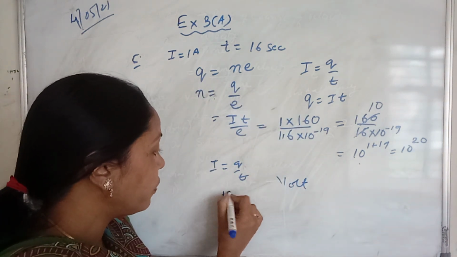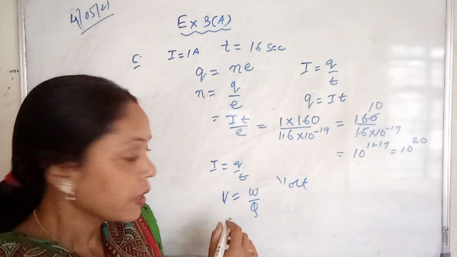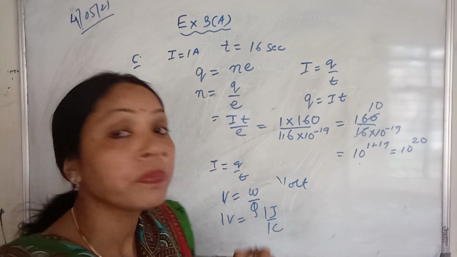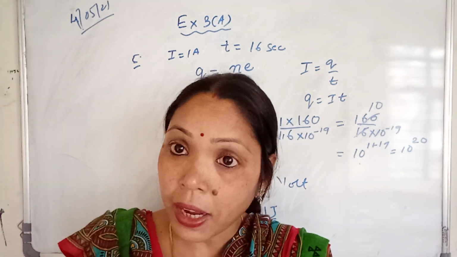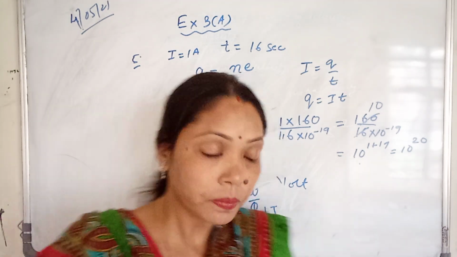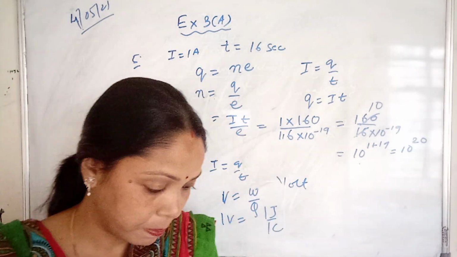We know that V is equal to work done per unit charge. If it is 1 volt, it means 1 joule, and here also 1 coulomb. It means 1 joule of work done is required to move a unit charge. 1 volt means 1 joule per 1 coulomb.